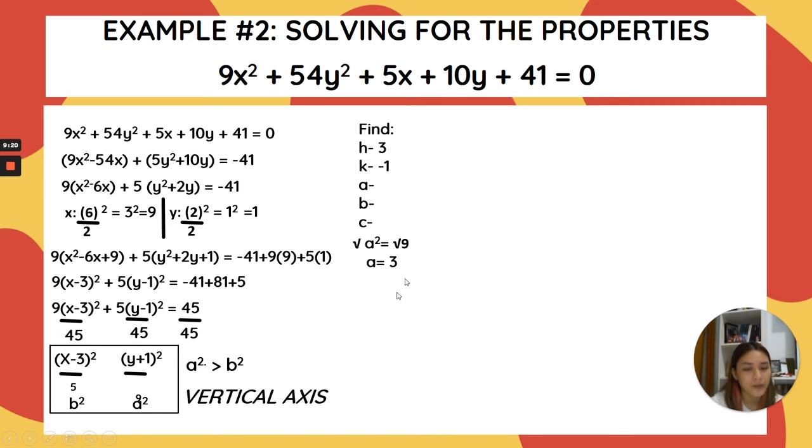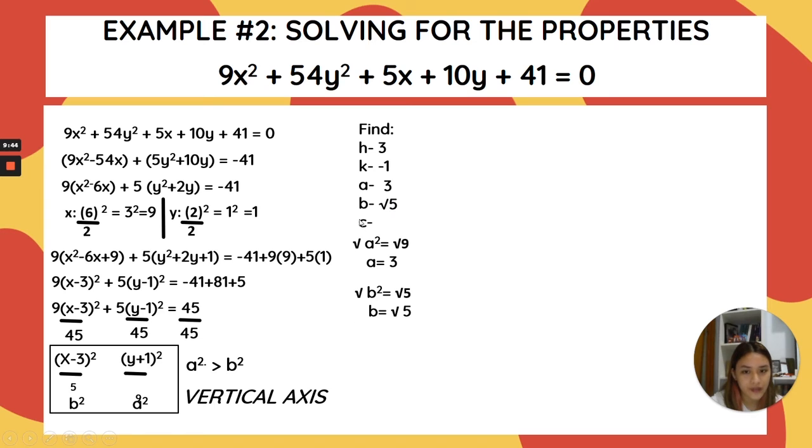The value of a now is positive 3. Next is to look for the value of b. We have here b squared is 5. So we will be looking for the square root. Square root of b squared equals square root of 5, and then b is equal to square root of 5. So our value for b is square root of 5.